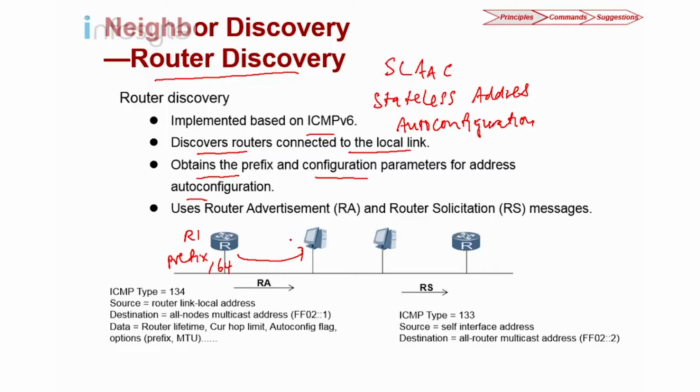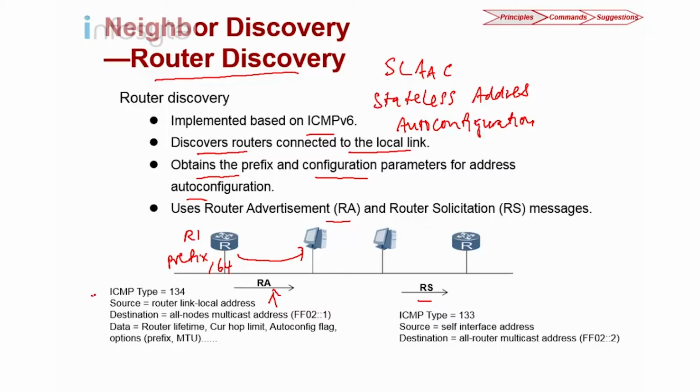Together, when the routers send what we call the router advertisement, and the host sends an RS, which stands for router solicitation, the router is going to send a prefix, together with the host's link local, then it will get its IP address.